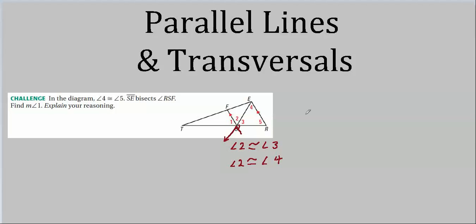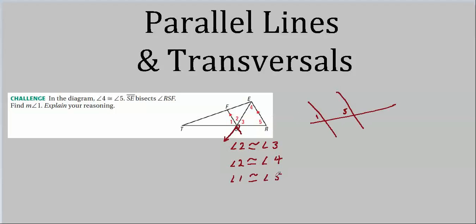If I draw the two parallel lines over here, and then the transversal, this is the transversal here, and these are the two parallel lines here. So this is 5 and this is 1. You do it that way, it's more obvious that they are congruent. So angle 1 is congruent to angle 5.